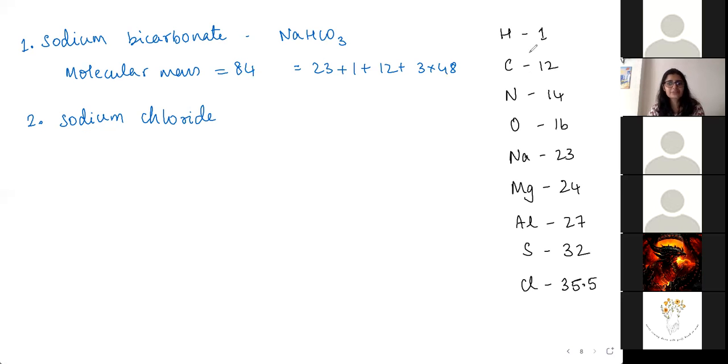ये सारे atoms के scale is really, really tiny. And how did you get the number 12? Hydrogen value 1 कहाँ से आया? Like, where did this number come from? Ma'am, we add the neutrons and the protons.